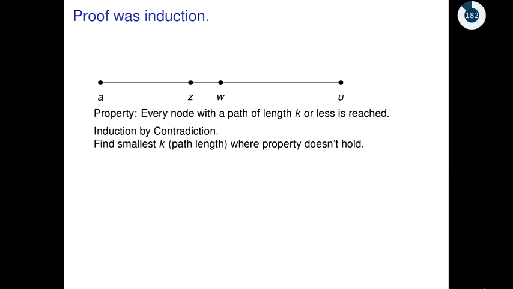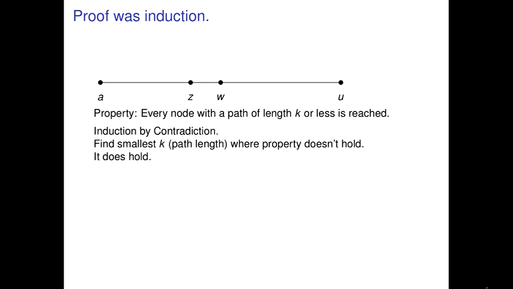So say whatever k minus 1 is the length to Z. So we know that Z is explored by induction. And then we say, well, so must W be, because explore of Z would call explore of W. So in fact, the property does hold for W. The property being that it is explored.